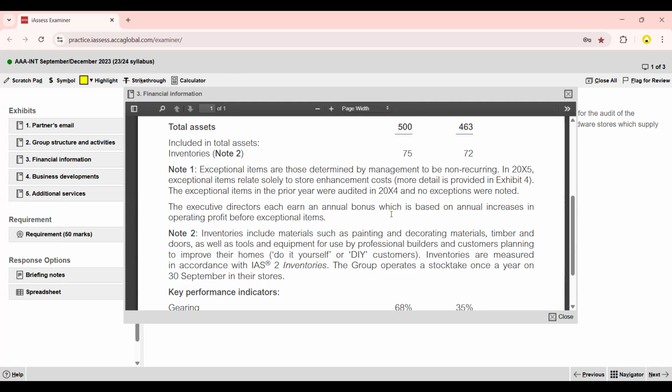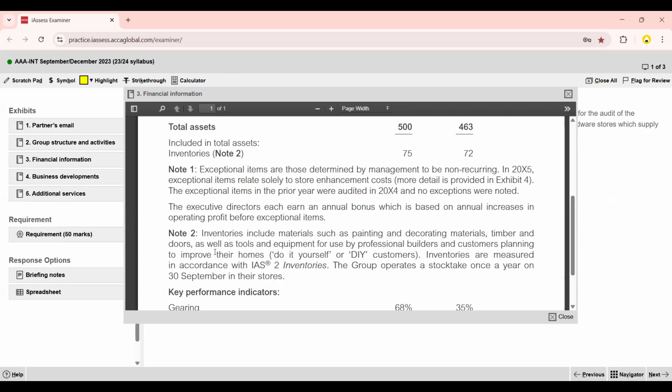Even though it has been audited in the last year, as an auditor, it is our professional liability or responsibility to work on it. The executive directors each earn an annual bonus which is based on annual increases in profit before exceptional items. Don't you think there is a chance of manipulation as their bonuses are linked with it?